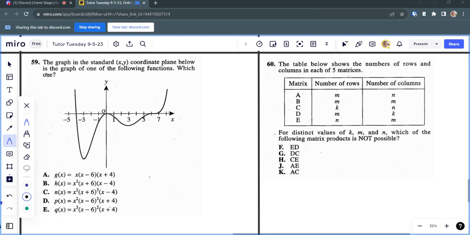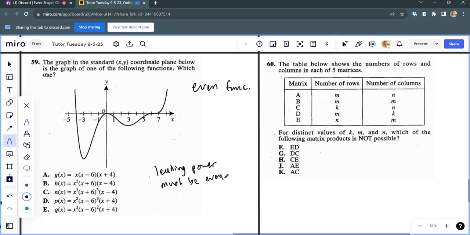While we take a look at this, we can notice some things about the graph. Like the fact that it's an even function. So that means that its end behavior goes up in both directions. And that also means that the highest leading power must also be even.